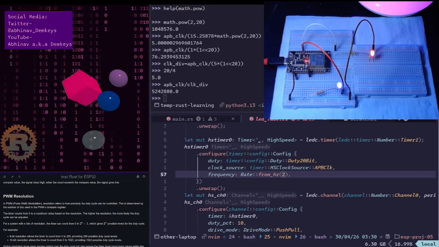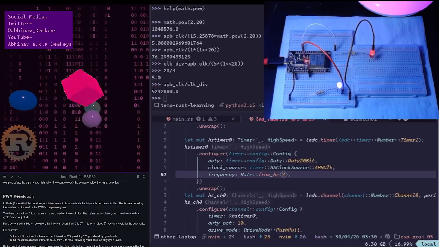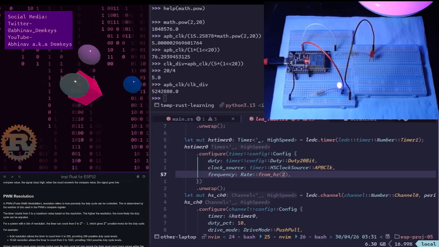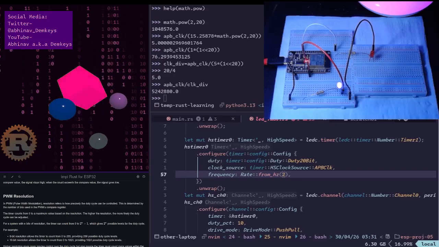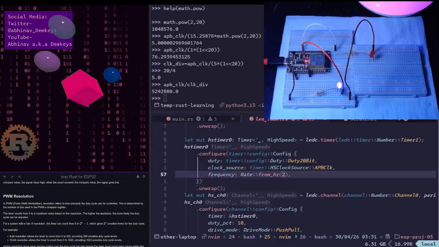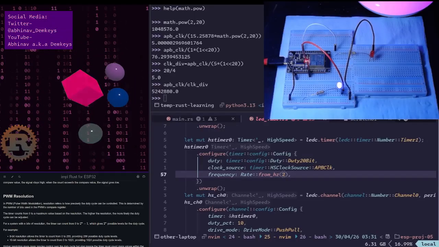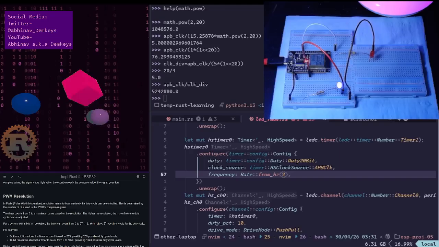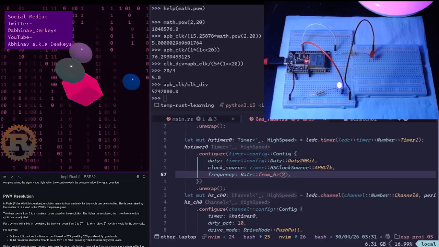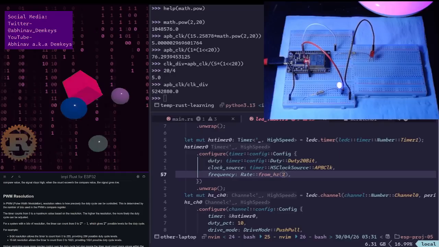That's what the fractional divider does. In this way we are slowing down the frequency. We are not really slowing down the frequency, we are only allowing one tick to pass through every few ticks. So in that sense, we are slowing down the frequency. That one tick that gets passed through gets counted by the counter.